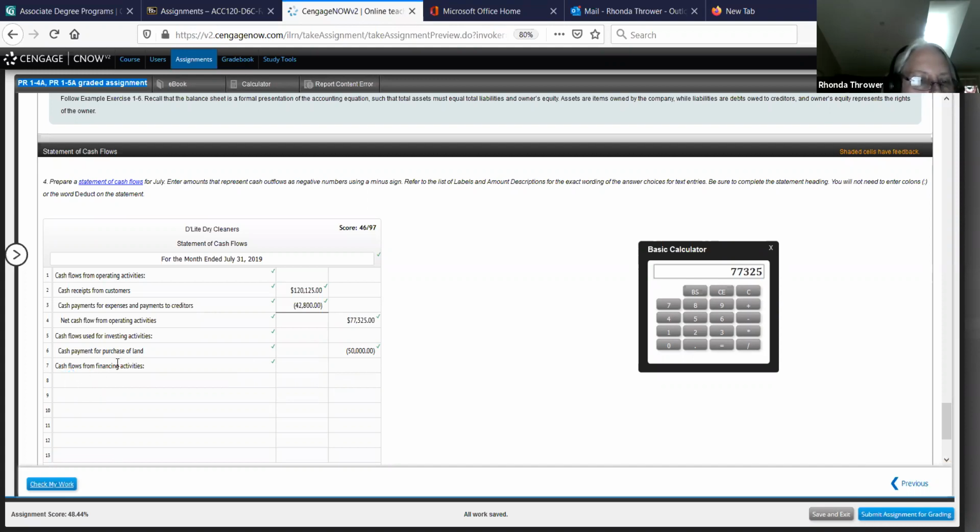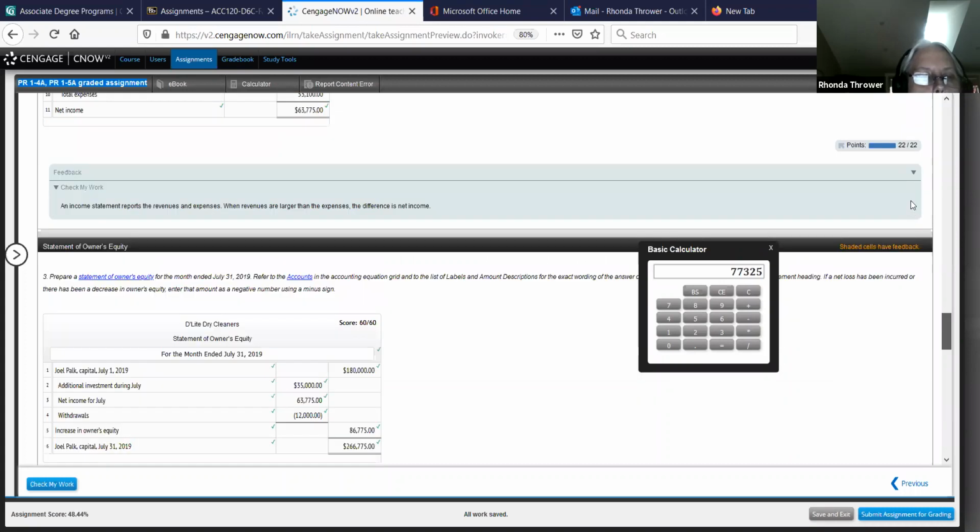And the third section is cash flows from financing activities. And what we're going to list first is the cash that we would have received from our owner as an investment. Notice it's saying to choose an amount description.